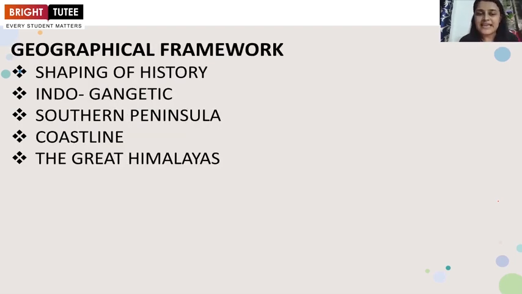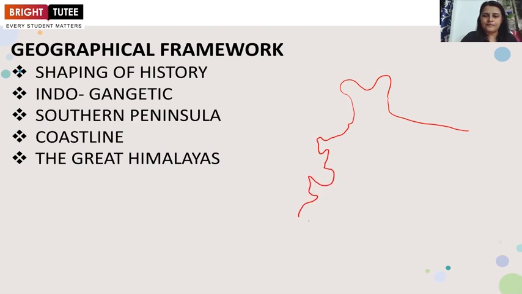Now, if I talk about the history of India, I'm drawing here just a rough map of India. This is just a rough map.